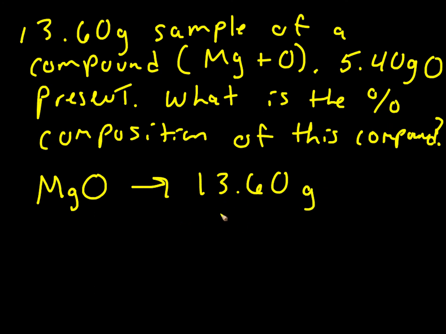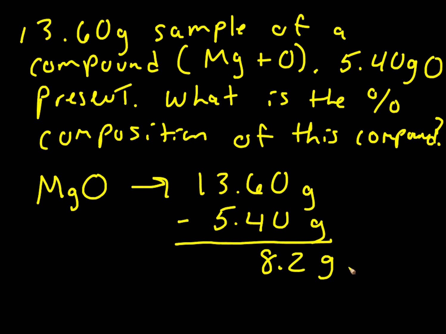They also tell us our oxygen, so 5.40 grams. So how are we going to figure out our magnesium? We're going to subtract. So we'll subtract 13.6 minus 5.40, and we get 8.2 grams. So 8.2 grams of magnesium, 5.40 grams of oxygen, and we have 13.60 grams of MgO.